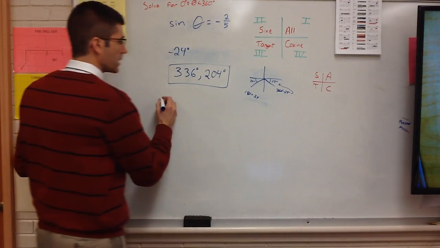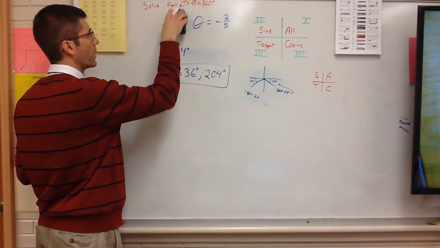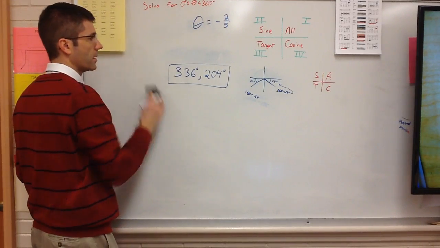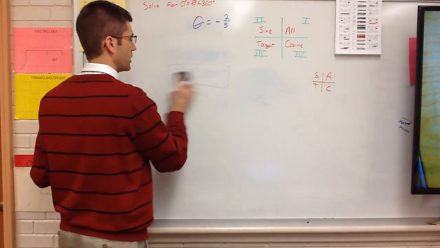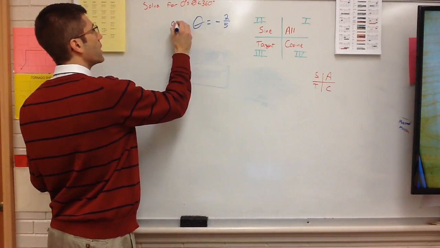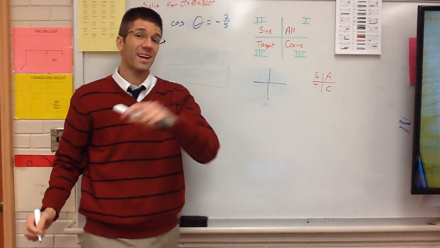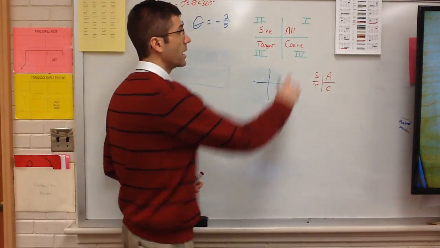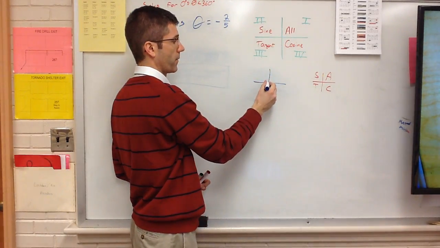Let's keep on going. Let's suppose I gave you the exact same problem, only it was cosine. Cosine gets tricky sometimes. Cosine of theta is negative 2/5. Okay, I'm looking for everywhere that cosine is negative, which tells me this. It won't be here. It will be here.